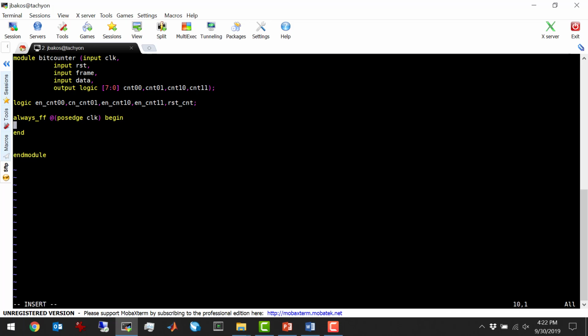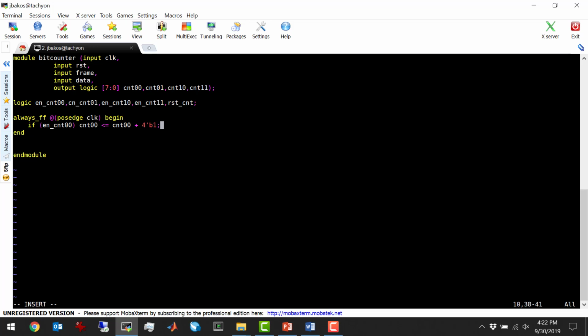So I'll say if enable_count00, then count00 equals count00 plus 4'b1. Okay, so notice that I have an input called enable_count00 and it's not part of the sensitivity list. So that is why this will become sequential logic. This is how Verilog will know that I'm trying to create memory here.